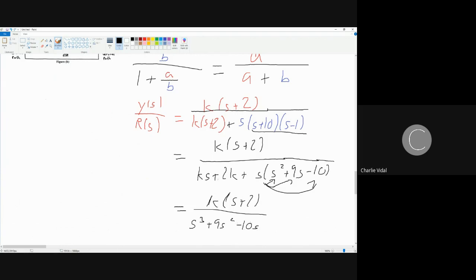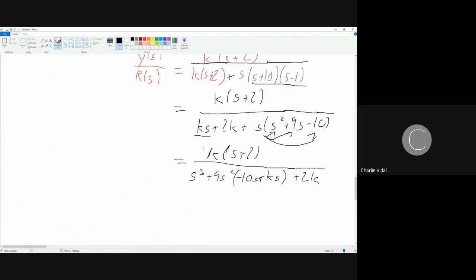And we have ks over here. So we're going to group these two together, plus ks. This is our first group. And our second group is actually not a group, it's just plus 2k. 2k does not have a value of s, so it's going to be at the far right.